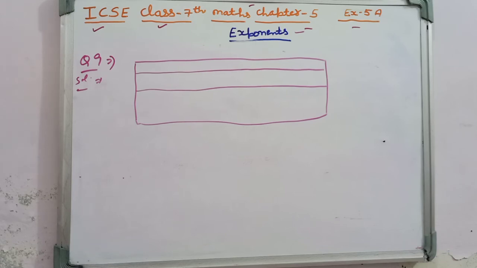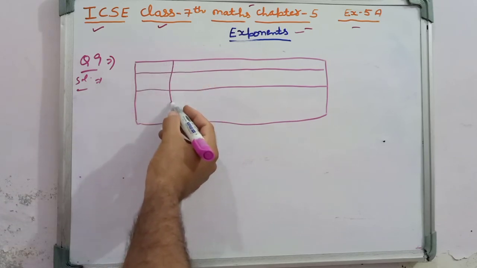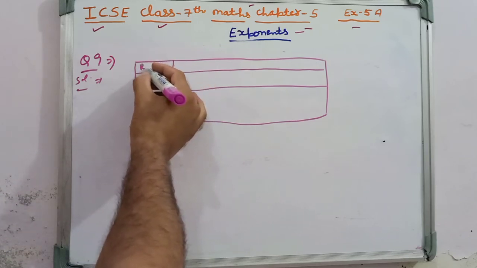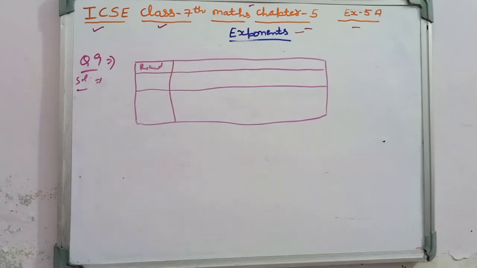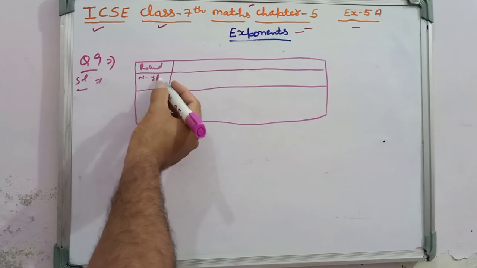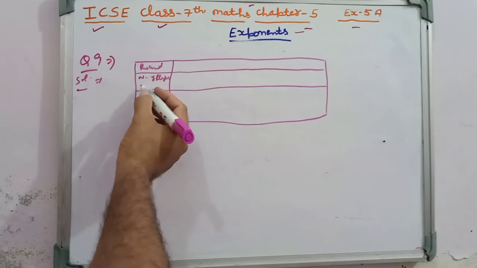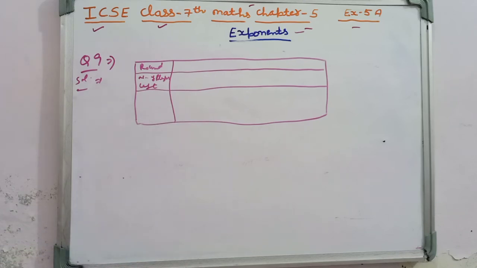So we will write here round, number of players left. After each round, players were eliminated or left.